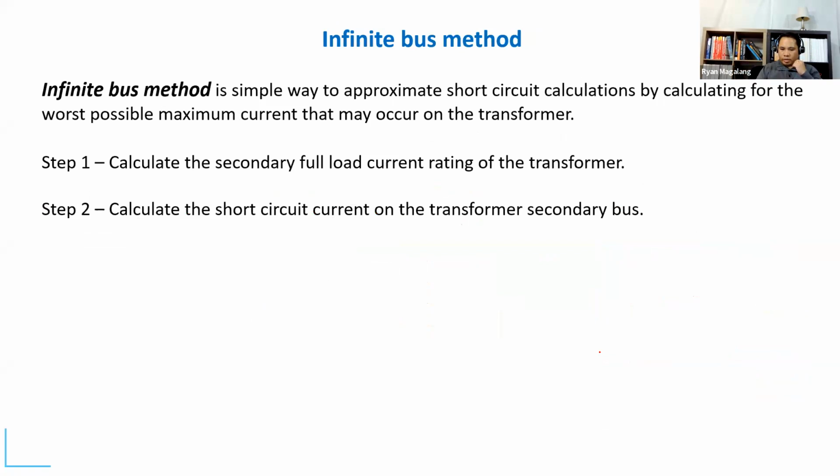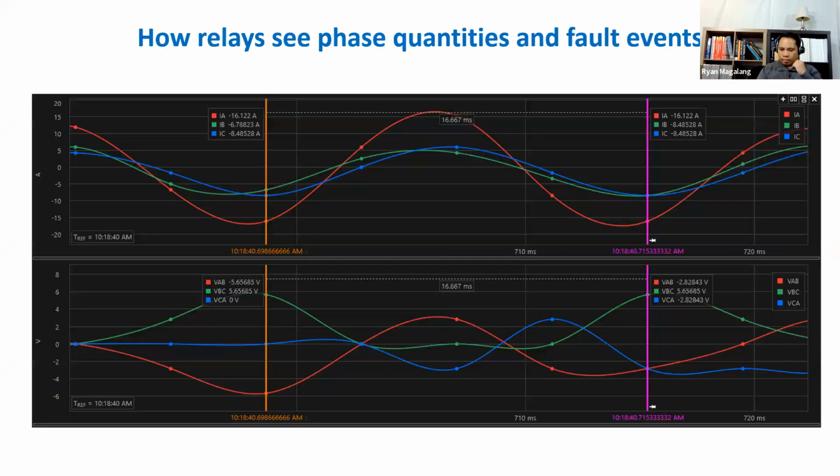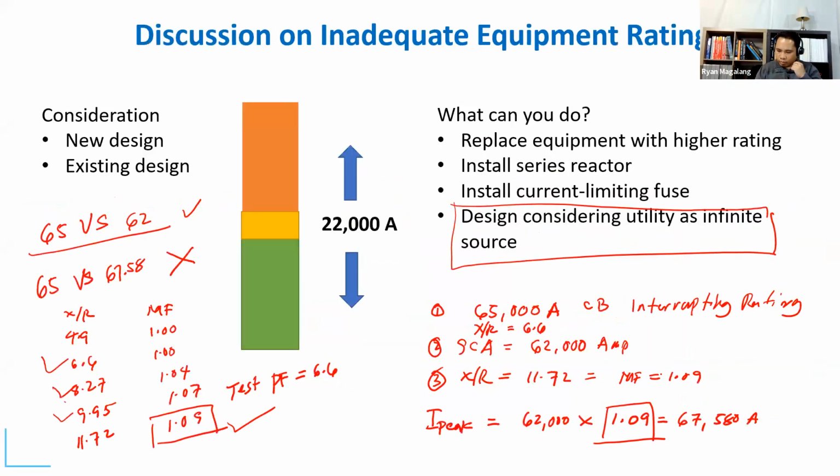So what we're saying here is, don't just look at the RMS value when you're dealing with circuit breakers, and say that, oh, symmetrical 65 versus fault current symmetrical 62, I'm good.